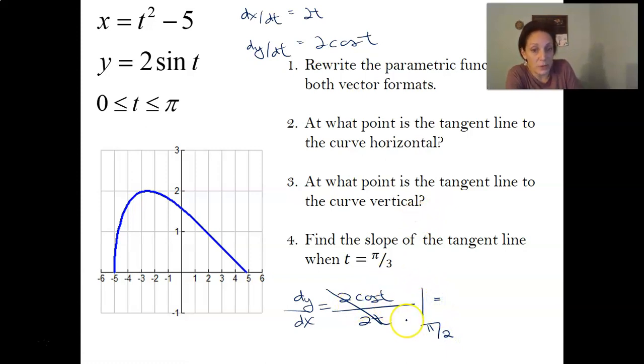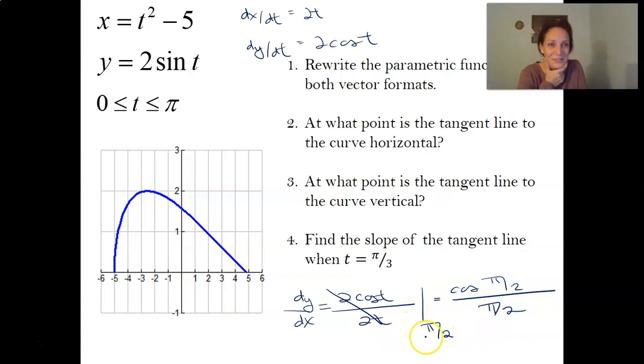So the first thing I'm going to do is plug pi over 2 into here and go from there. So on top I have the cosine of pi over 2, and on the bottom I have pi over 2. Now, piece of advice. On the AP, they said find the slope when t is pi over 3.